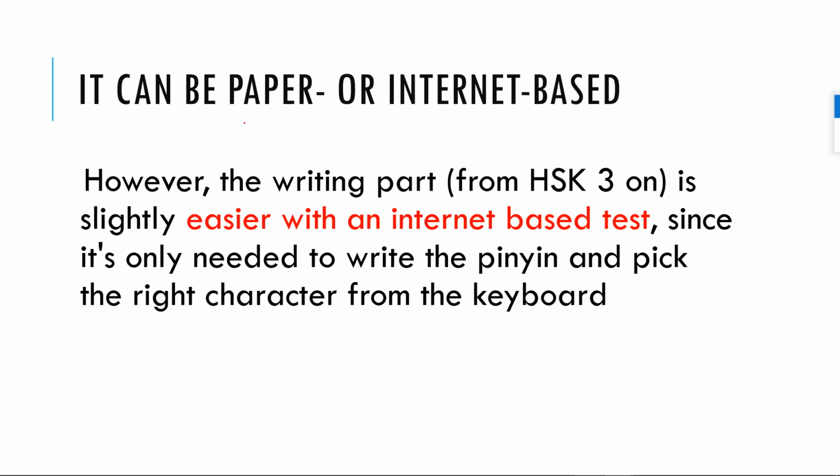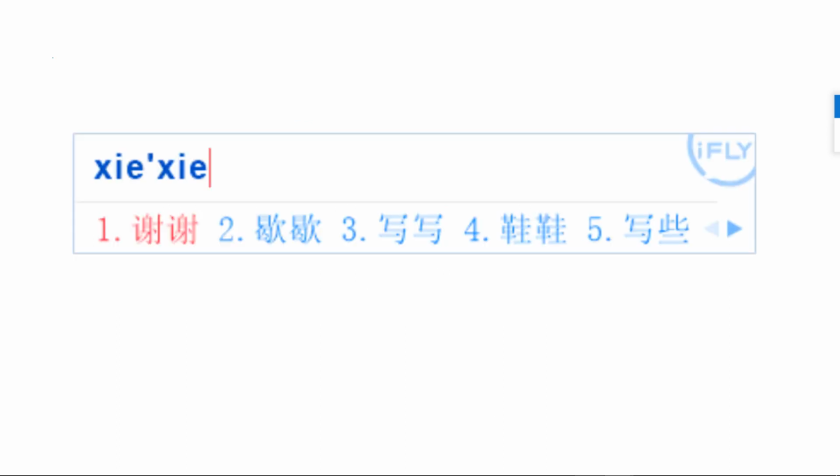For the test, you can take it on paper or via the internet. However, the writing part is easier with an internet-based test. So we highly recommend that you take an internet-based test, because I will show you.